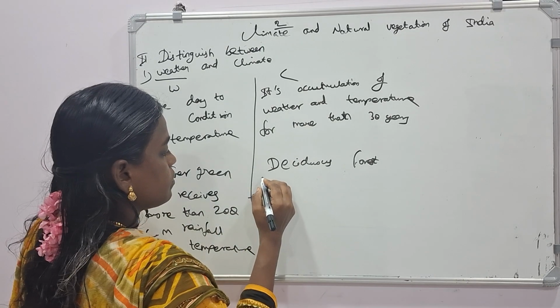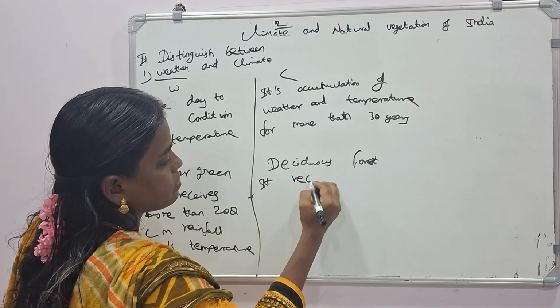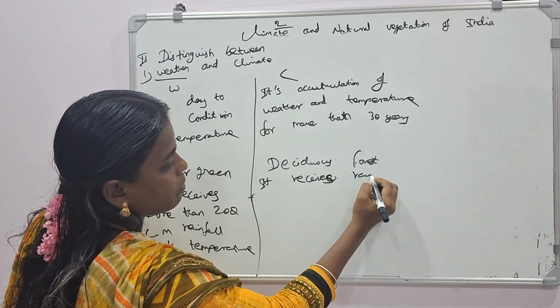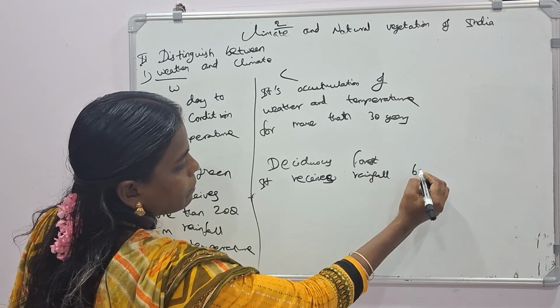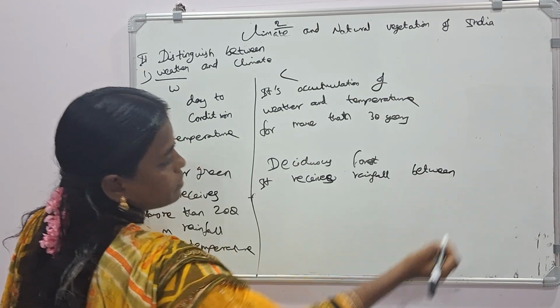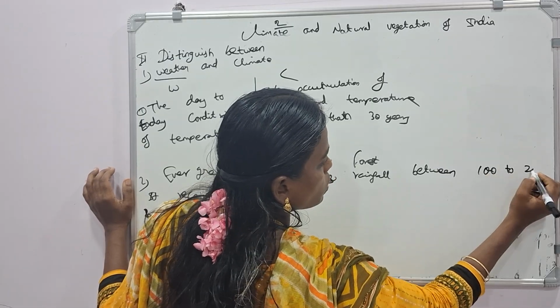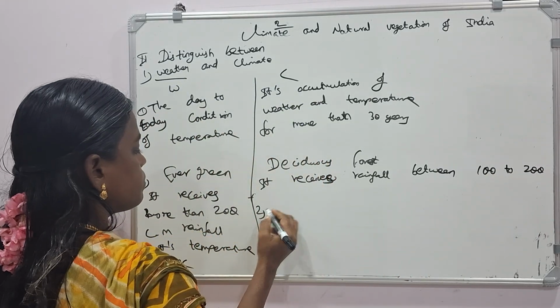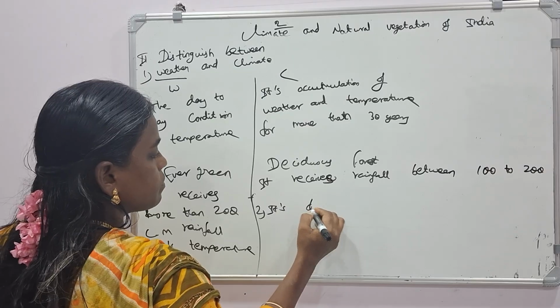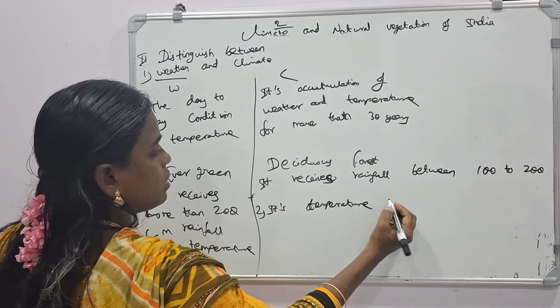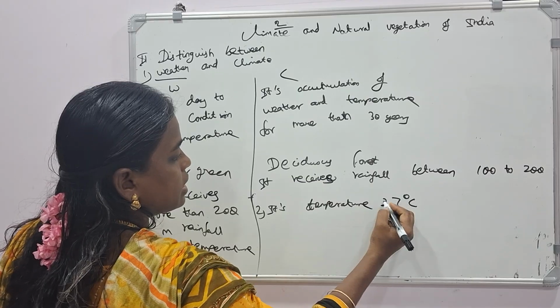Here, deciduous forest receives rainfall between 100 to 200. Second point, its temperature is 27 degrees Celsius.